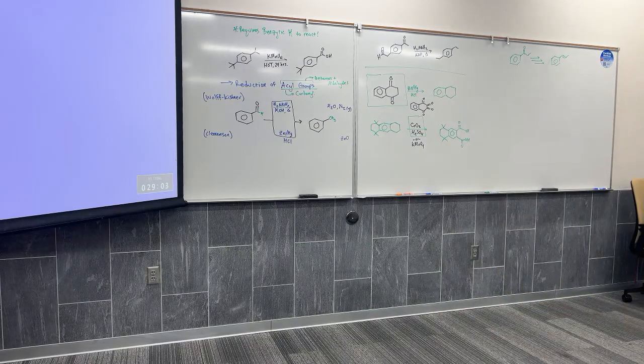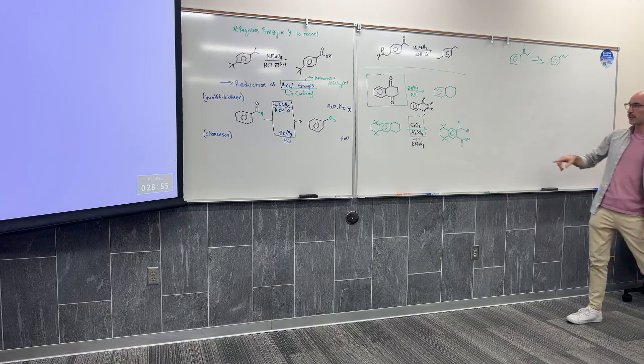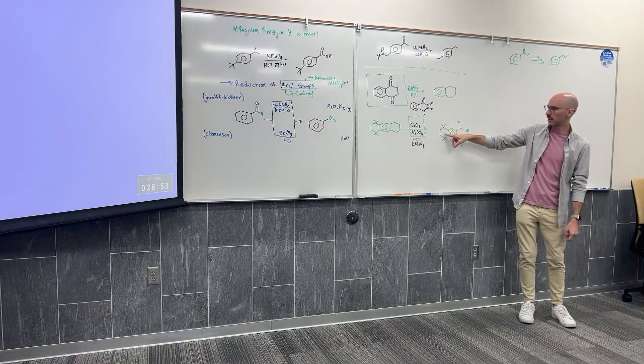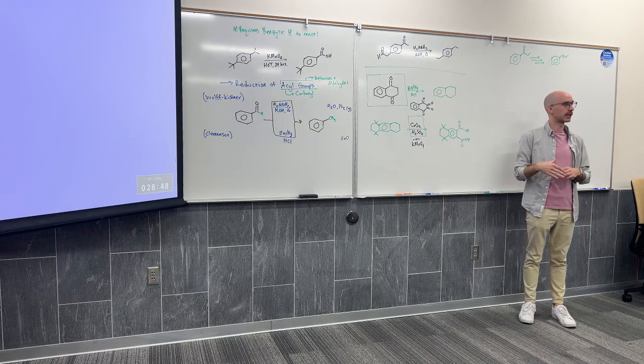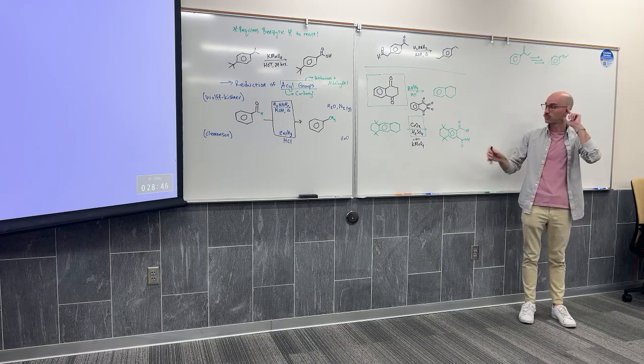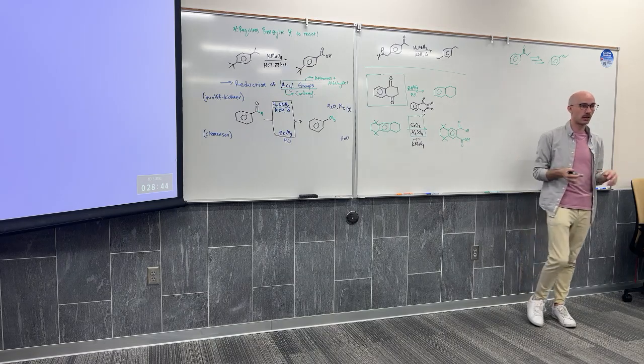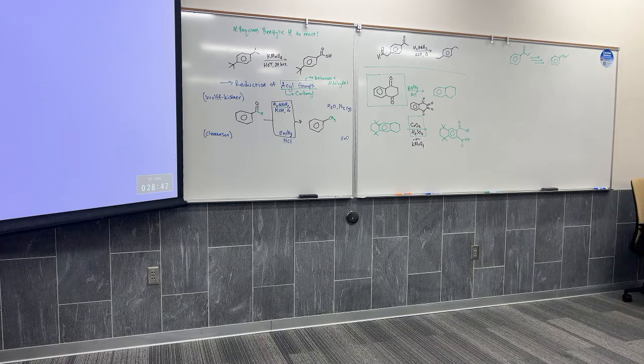There's no available hydrogen. More specifically, no benzylic hydrogens. Exactly. Both of the benzylic positions attached directly to the ring are quaternary carbons. They're bonded to 4 other carbons. So these groups cannot go through oxidative cleavage.